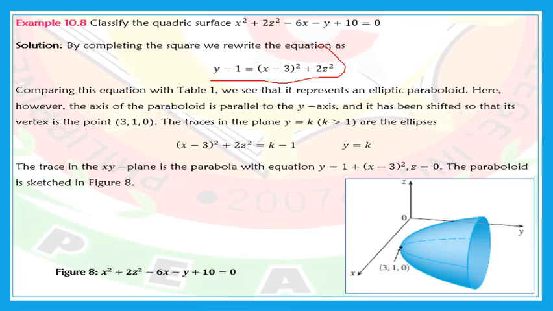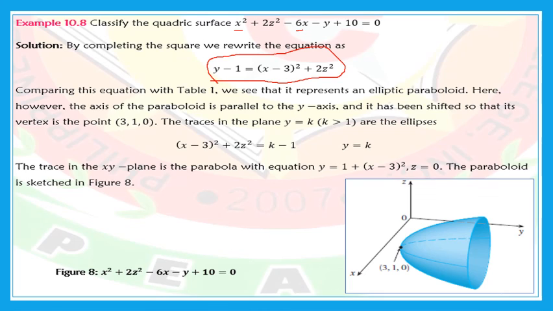So by completing the square na, ibig sabihin nun na i-combine nyo yung mga terms na common, si x squared at si negative 6x, si y, and then si 2z squared, na transpose yun sa 10, na y minus 1 equals to x minus 3 squared plus 2z squared.